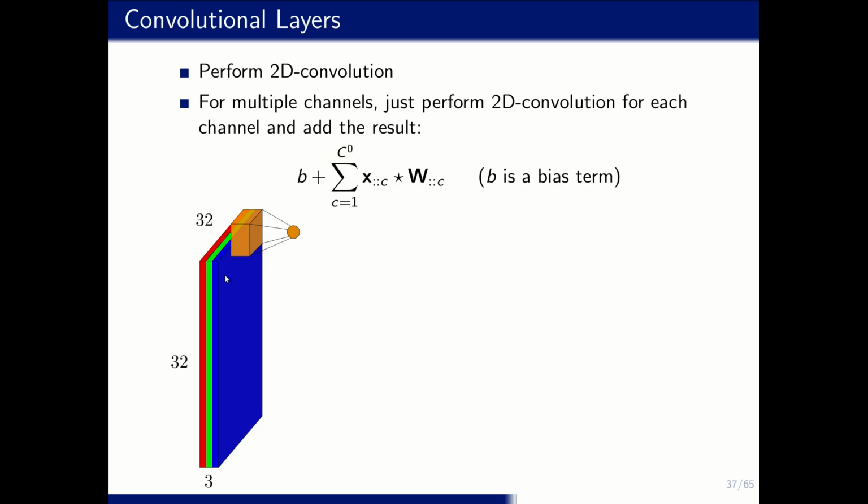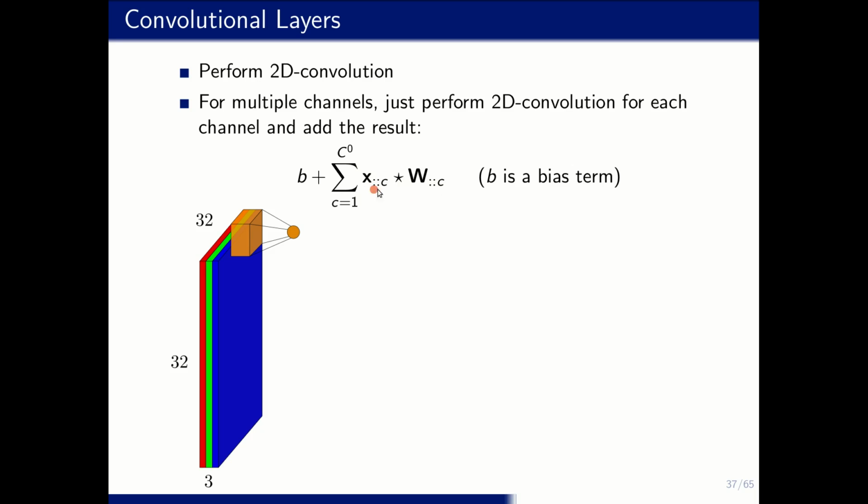The input image is also a three-dimensional tensor, 32 times 32 times 3. This notation here essentially just reads out the C-th index. So C runs over the channel, and for each C, this is just one of the channels: red, green, or blue, depending on C. So we're looking at the channels independently and convolving each with the respective kernel.